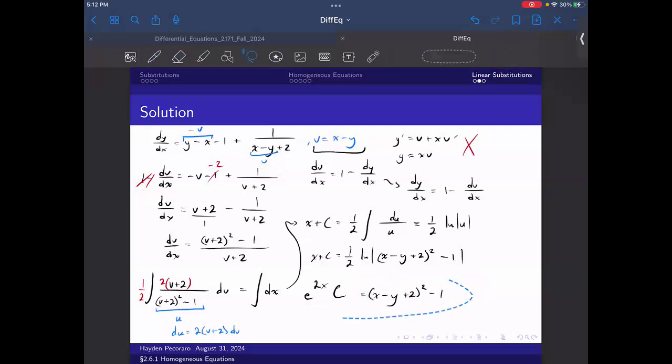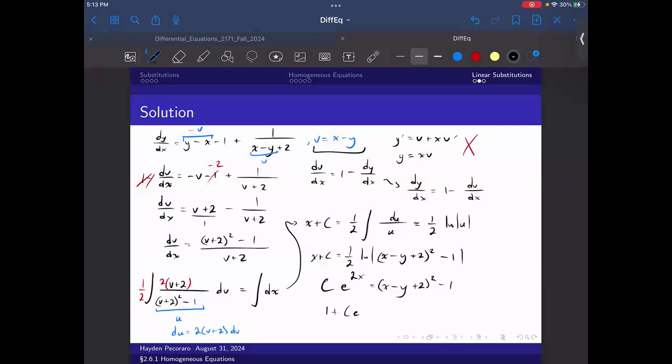And now we can go ahead and solve for y. I have plus 1, and then take the square root of that, and that's equal to x minus y plus 2.